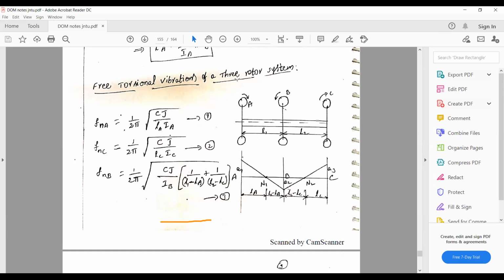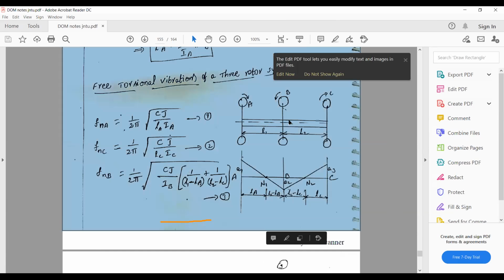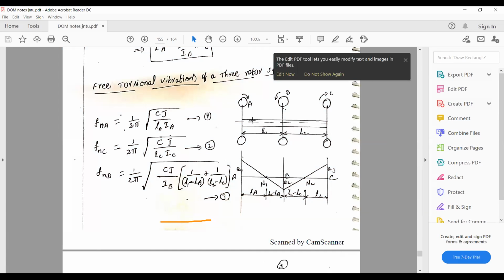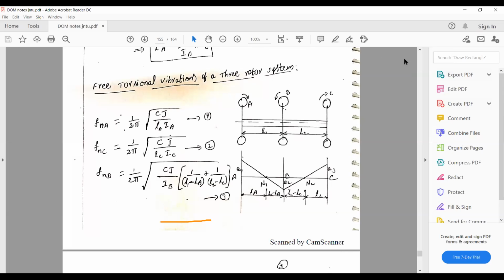The shaft has two ends. The A rotor is at one end, the B rotor is in the middle of the shaft, and at the other end of the shaft is the C rotor. If you observe, A and B go in opposite directions.